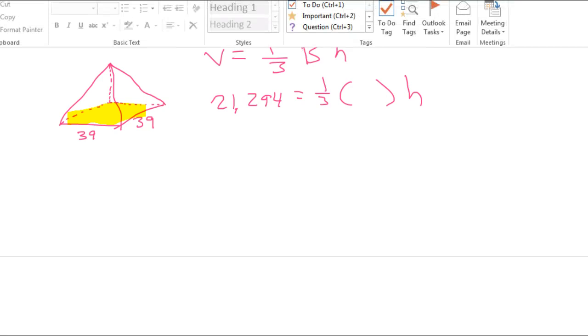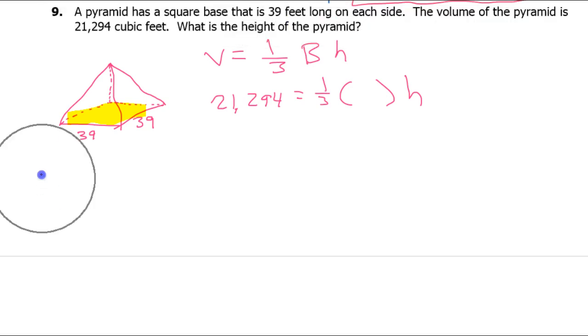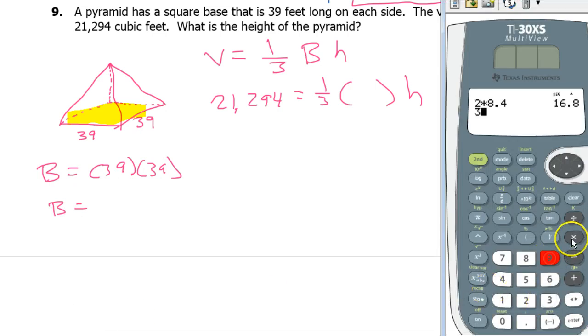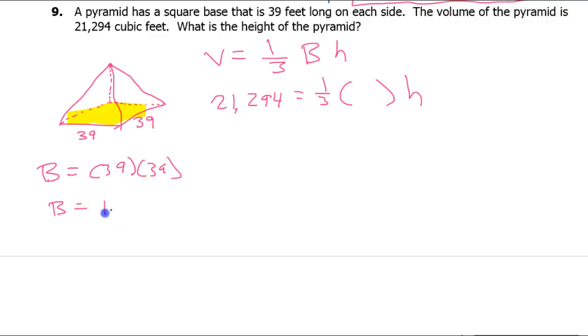So the area of that square, okay, is 39 times 39. 39 squared, if you will. Okay, that's 1,521. Okay, so I can go ahead and use that in the formula, 1,521, because that's the B, that's the area of the base.